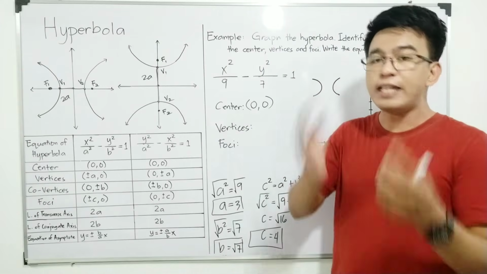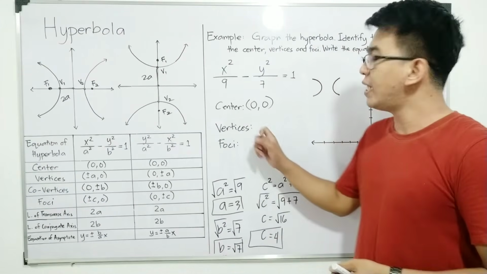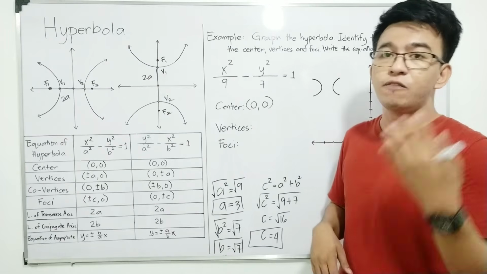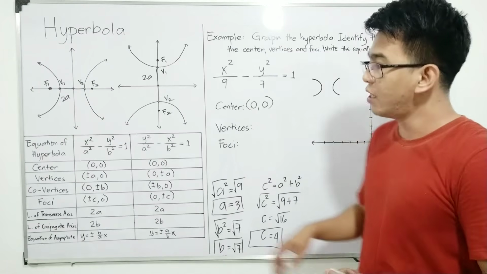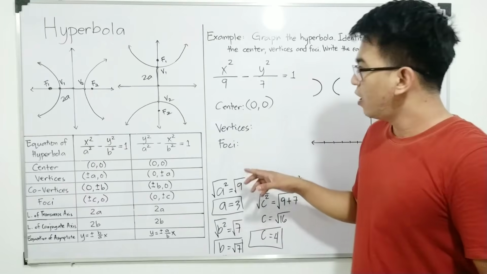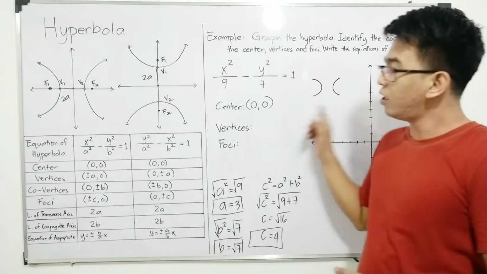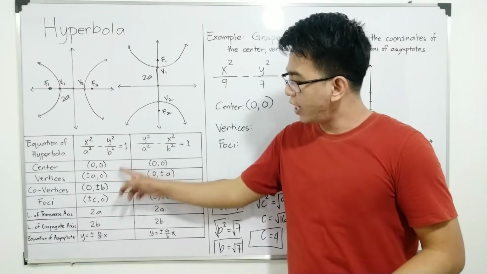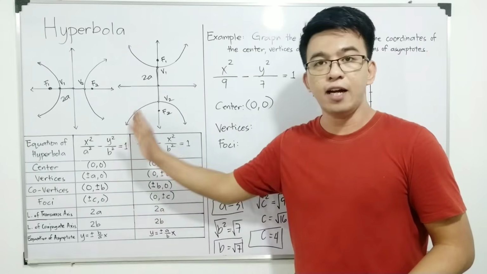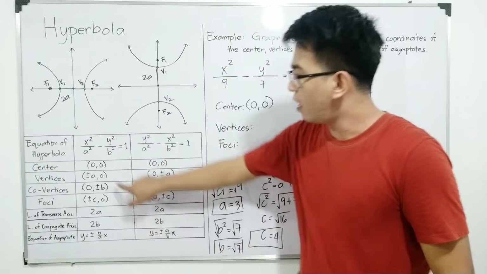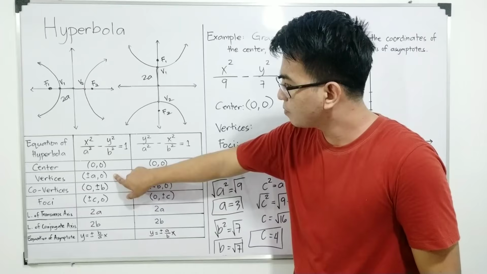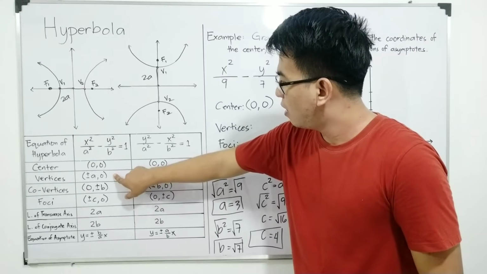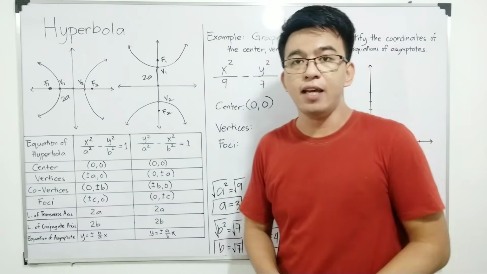Now, if we already have the value of a, b, and c, we can easily identify the coordinates of your vertices and foci. Kasi kung mapansin nyo, if yung orientation natin ay pagganito, you will try to follow this property. Now, ang vertices natin dito ay positive, negative a, comma 0.